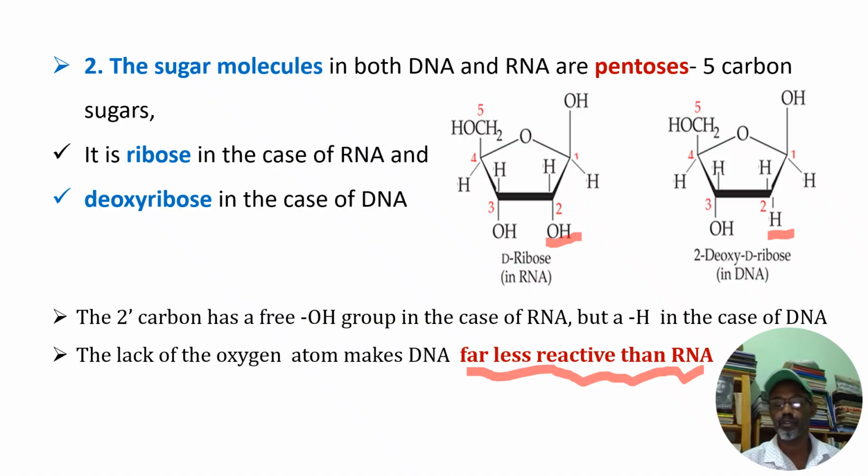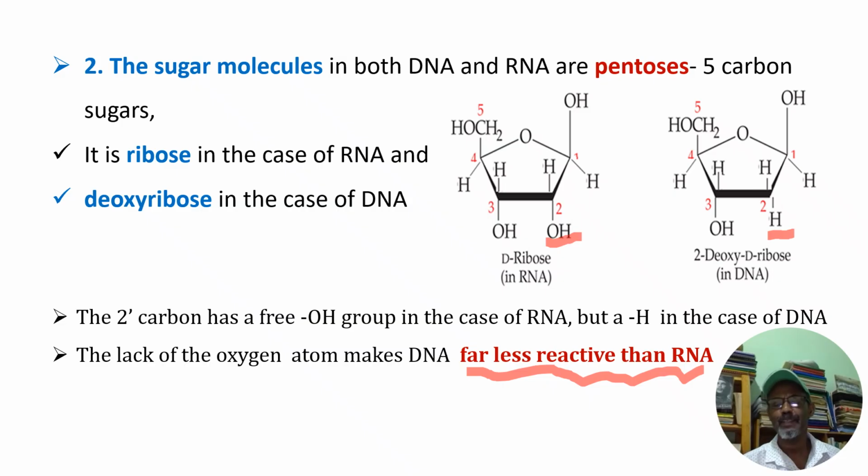That's good because it carries important information. If it reacts and undergoes change, genes are changed. This is mutation. That's not good. This mutation can lead to death of that organism, of course. Thanks to this, DNA is much more stable than RNA.